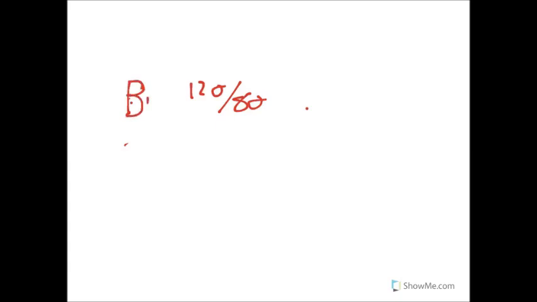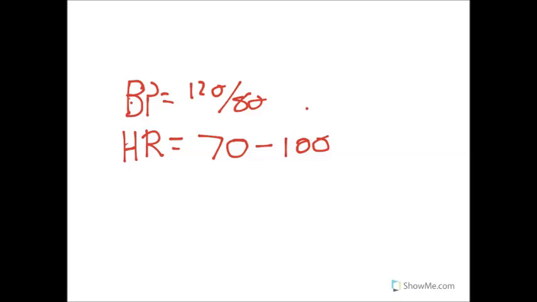And the heart rate is somewhere between 70 to 100 beats per minute. Think of these as homeostatic ranges that the body is trying to keep normalized. A normal blood pressure, a normal heart rate, and pressure is heavily influenced by heart rate. We'll look more into this in just a moment.